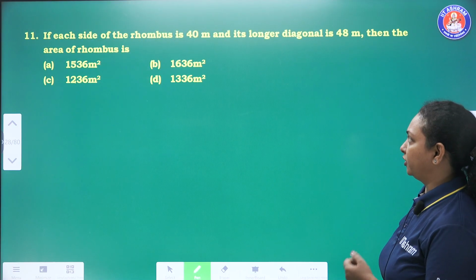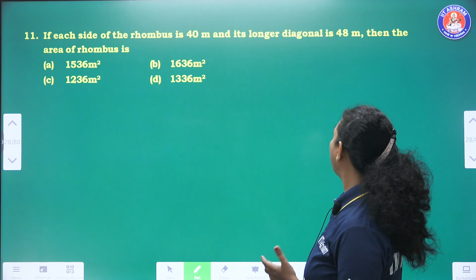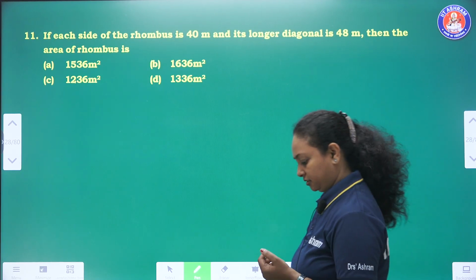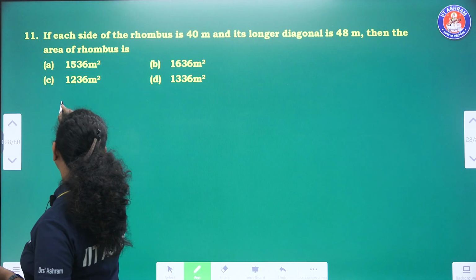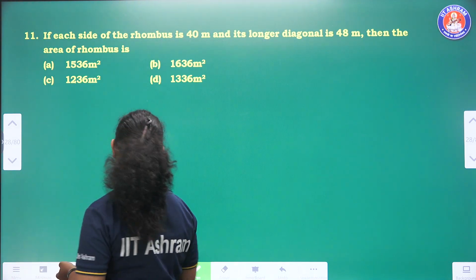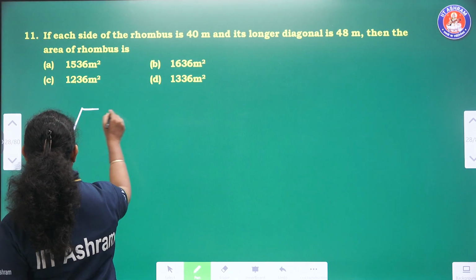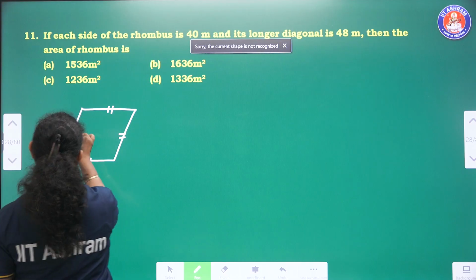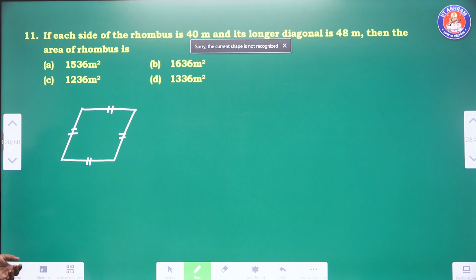If each side of a rhombus is 40 meter and its longer diagonal is 48 meter, then find the area of the rhombus. Let us draw the diagram first. In a rhombus, all sides are equal in length.